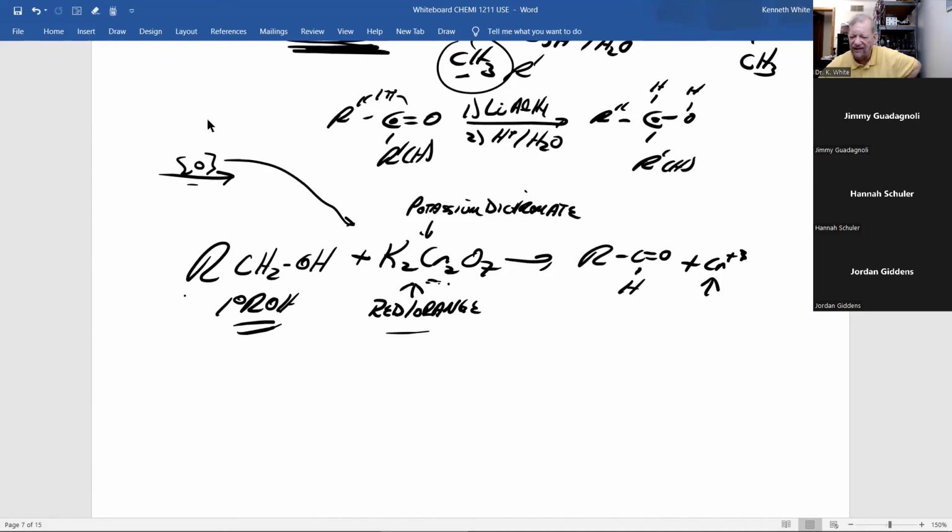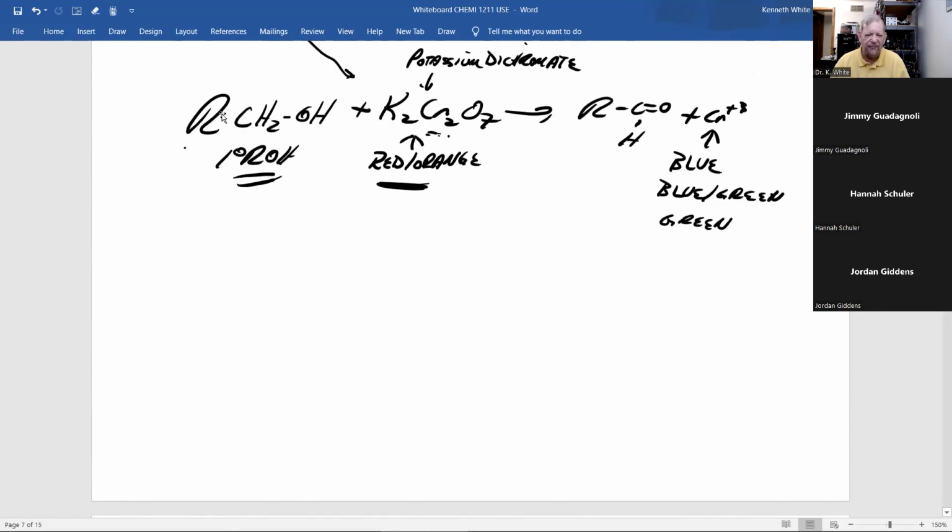Depending on the concentration, this is either blue, blue-green, almost a turquoise, or green. So if you see a color change from reddish orange to blue, blue-green, or green, you know you had a primary alcohol.